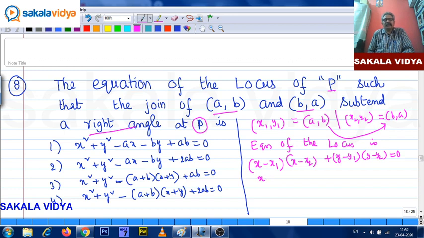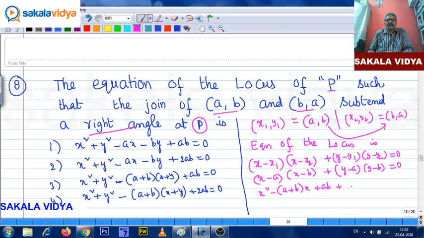Substituting here: (x minus a) into (x minus b) plus (y minus a) into (y minus b) equals to 0. We get x square minus (a plus b) into x plus ab, a quadratic equation in x, and here y square minus (a plus b) into y plus ab equals to 0.